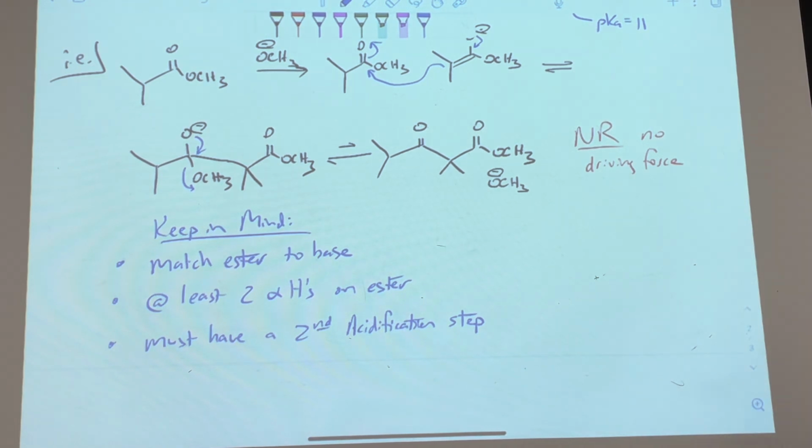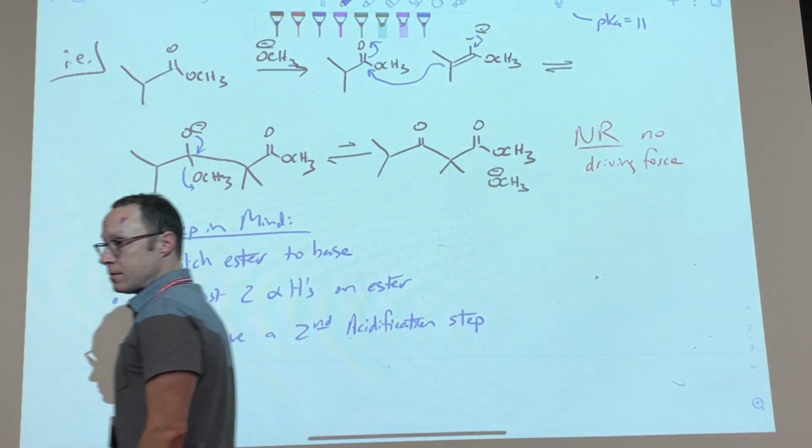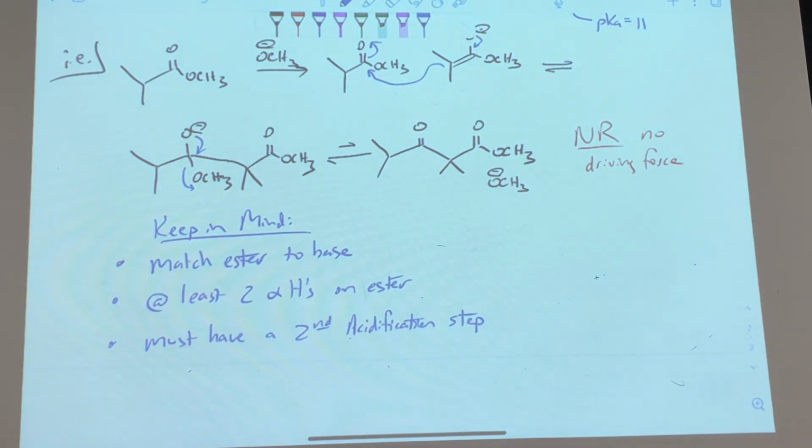Say that again, sorry? On my exam paper, can I put the two reactions on top of each other instead of drawing the formula from the end? What do you mean, putting the two reactions on top of one another?